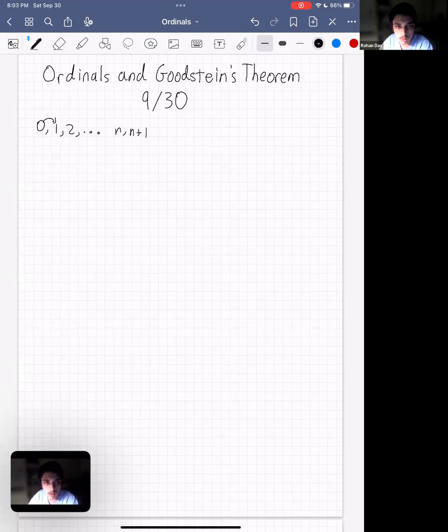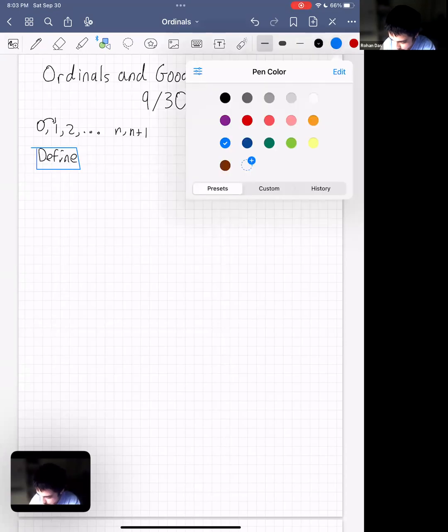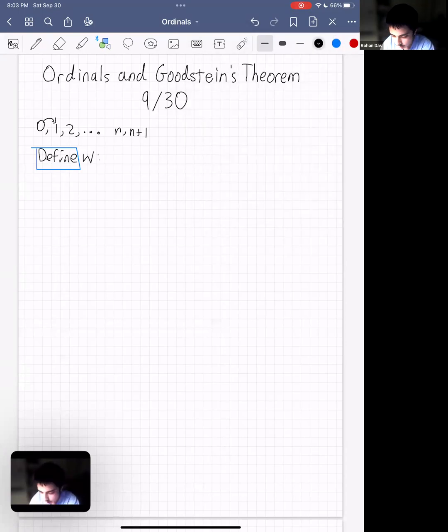Motivated by this, we can think about how to define a sort of infinity. Infinity has to be greater than all of the natural numbers by definition. So one way we can do this is to define omega, which is going to be our smallest infinity, as the smallest number that is greater than every natural number.